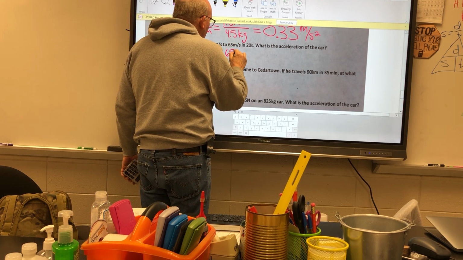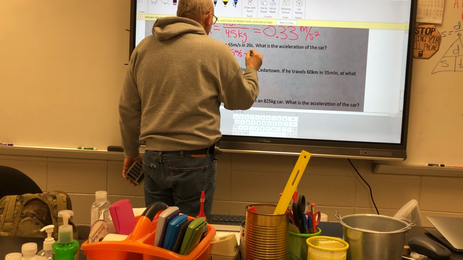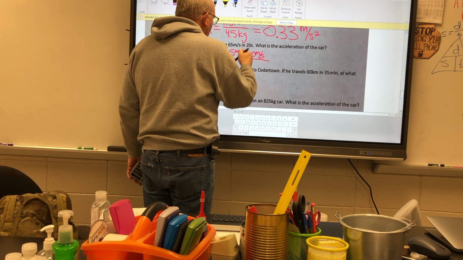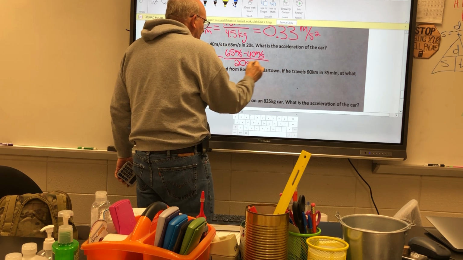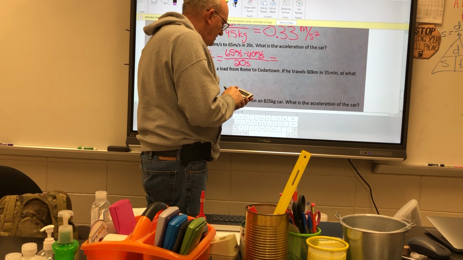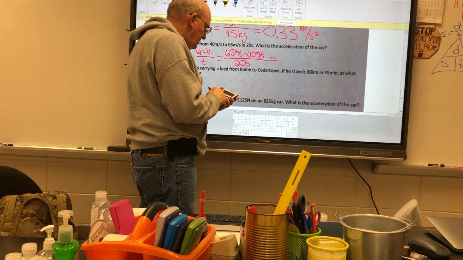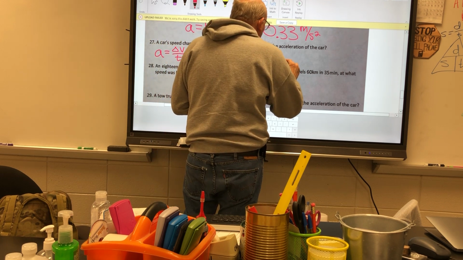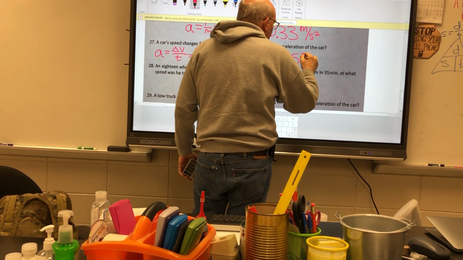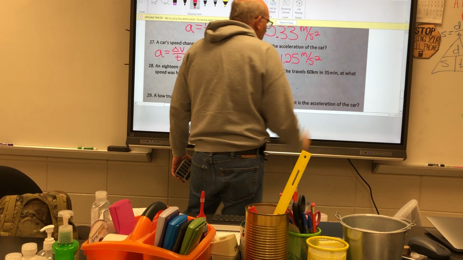So 65 meters per second minus 40 meters per second. Time in this case is 20 seconds. So I take 65 minus 40, gives me 25 divided by 20. And I have 1.25. The units are going to be meters per second, or meters per second squared.